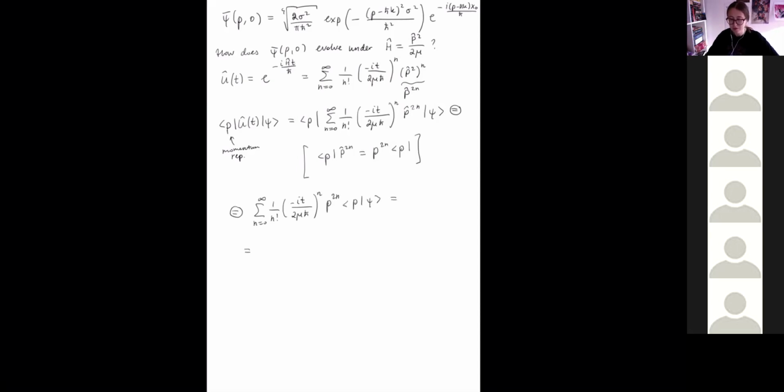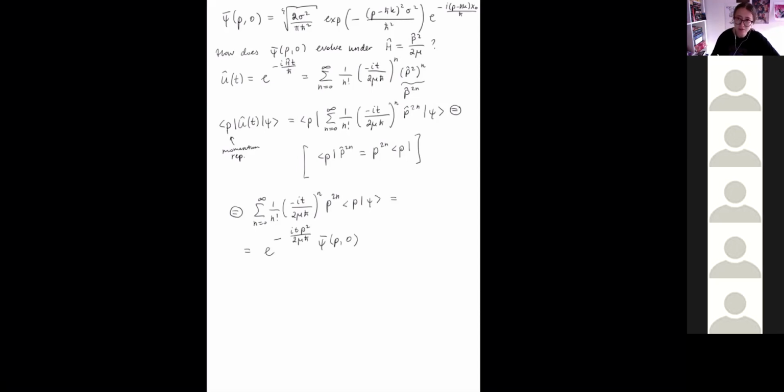Okay, so the first part of the expression is just the definition of the exponential, where we get e to the power minus it p squared over 2μħ. And ⟨p|ψ⟩ is just the wave function in the momentum representation, so ψ̄(p,0).